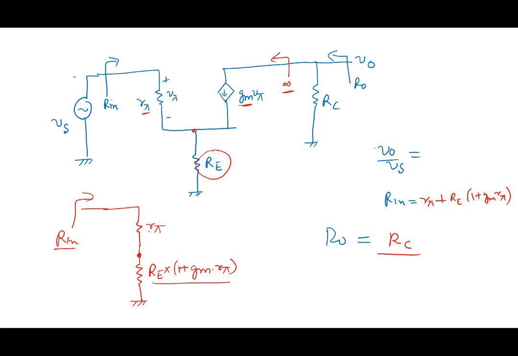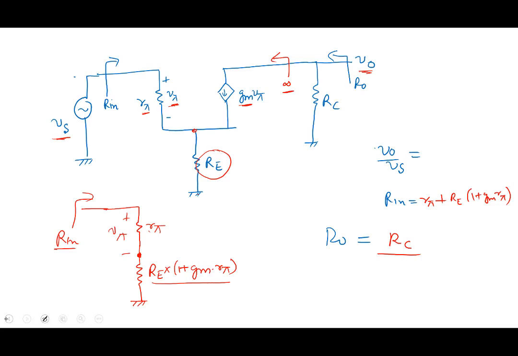To calculate V0, we need to calculate V pi. And how do we calculate V pi? It is a voltage divider.